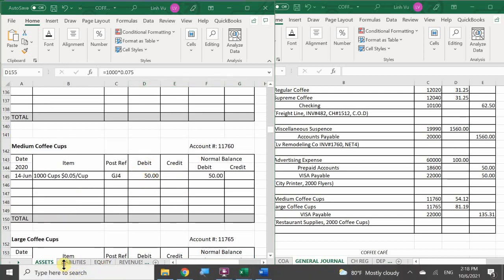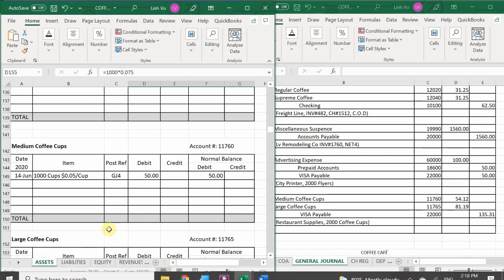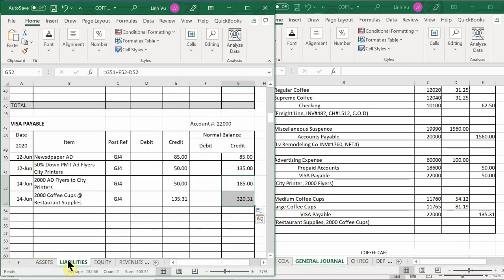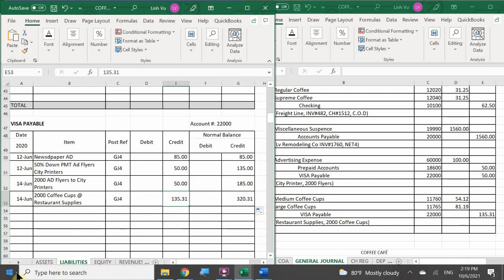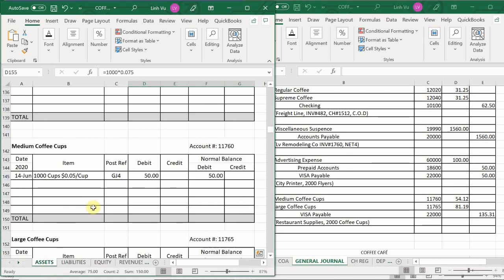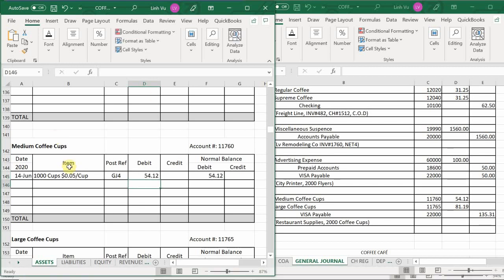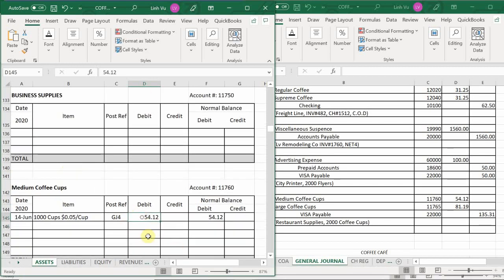Oh, hold on. I think I put that in. I typed that in wrong. So here we go. I paid, let me go back to it. Liabilities. I paid 135.31, right? But in this case, my numbers don't match if I put the 50 and 75. So in this case, this is 54.12. Oopsies, this is not large. Large is 81.19, and my medium.